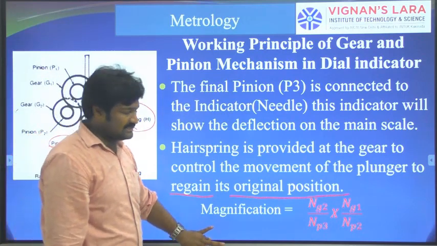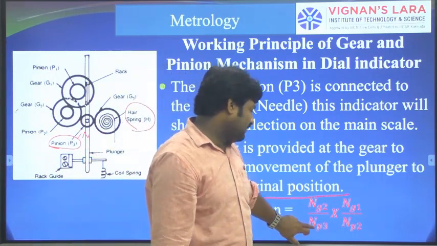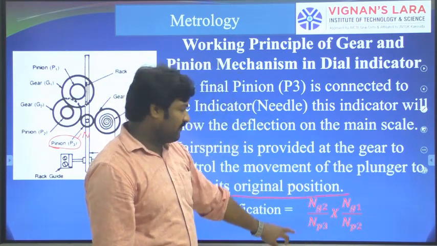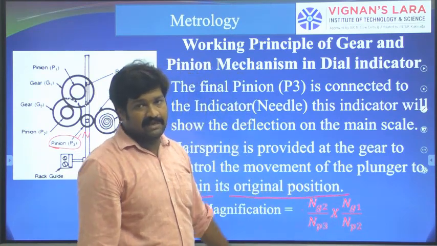Here the magnification is Ng2 by Np3 times Ng1 by Np2, where N means number of teeth.